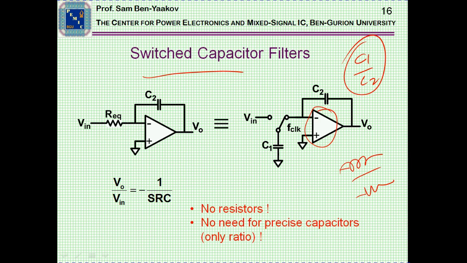This is very good because in an integrated circuit, it is very difficult to fabricate a very precise capacitor, but it is relatively easy to fabricate a ratio of capacitors which will be very accurate, because the ratio is actually a function of the areas. So you can make the areas very accurate.